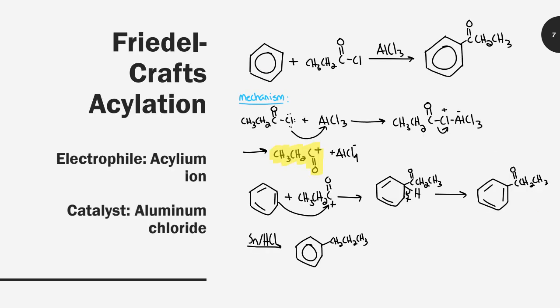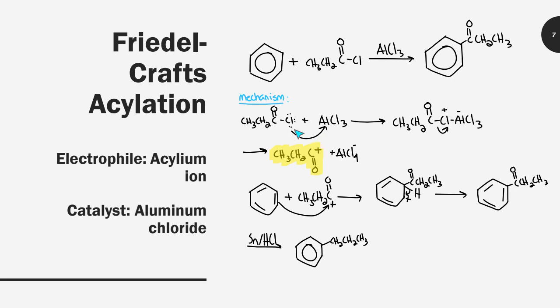Okay. So, acylation. In this case, our electrophile is an acylium ion. And we use the same catalyst as for alkylation and halogenation. So again, we have to make our electrophile before we can react it with the ring. This is a very similar mechanism.